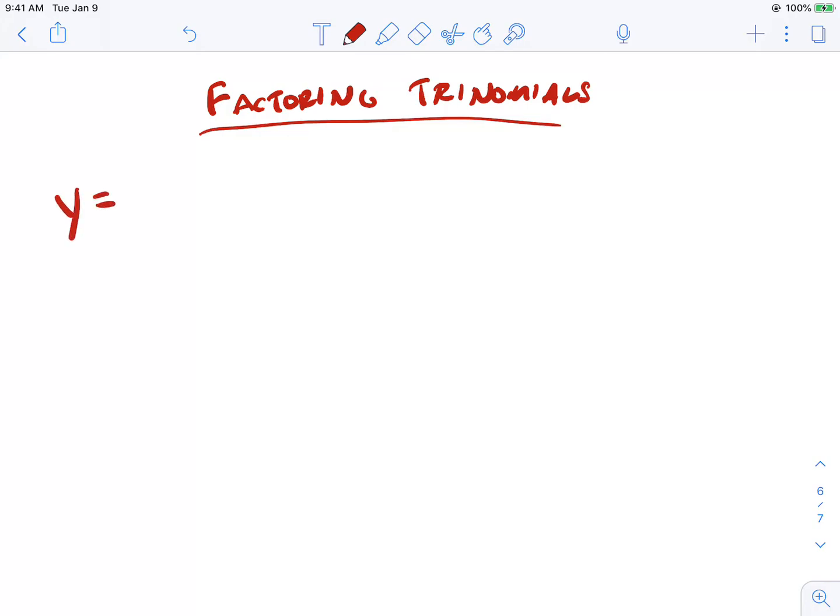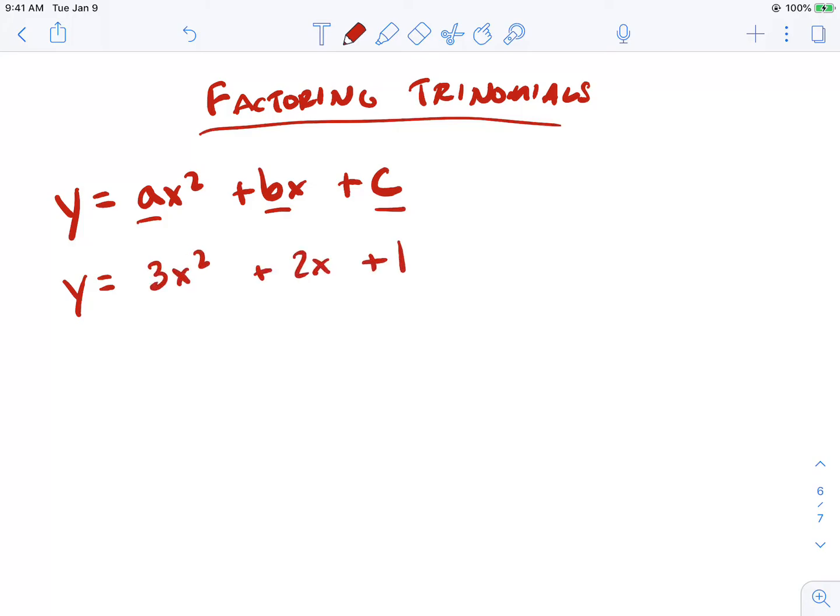Trinomials are always written in the form y equals ax squared plus bx plus c. And then our a, our b, and our c are normally just replaced with some numbers. So maybe it would look like y equals 3x squared plus 2x plus 1.